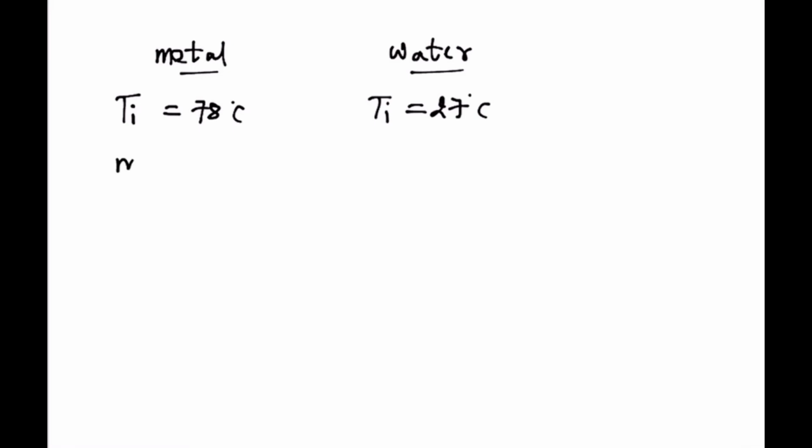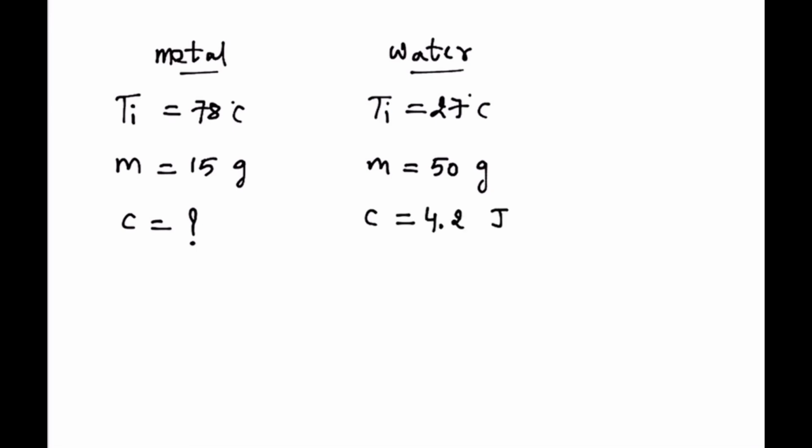The mass of metal is 15 gram, the mass of water is 50 gram. We want to find the specific heat capacity of the metal. The specific heat capacity of water is 4.2 joule per gram degree Celsius. Even if it is not given, you are supposed to remember its value. The final temperature of the mixture is also given.